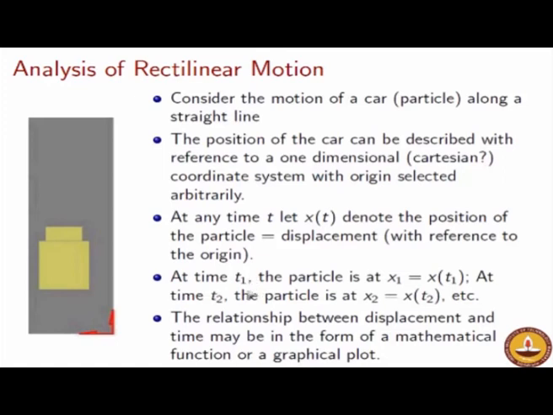Now, between two times t1 and t2, the particle is at x1, which is x at t1, and x2 at t2. So, this is the relationship between displacement and time, and it can be either a mathematical function or a graphical plot. We will emphasize both, how to recover a graphical plot out of a mathematical function and how to determine a mathematical function intuitively from a graphical plot.